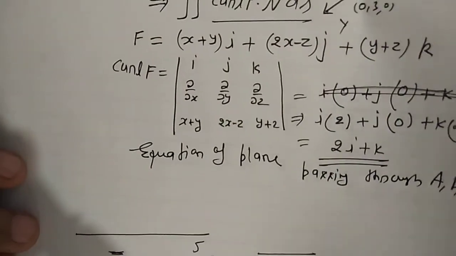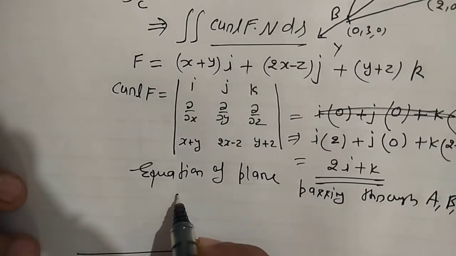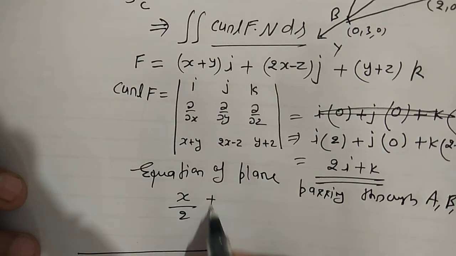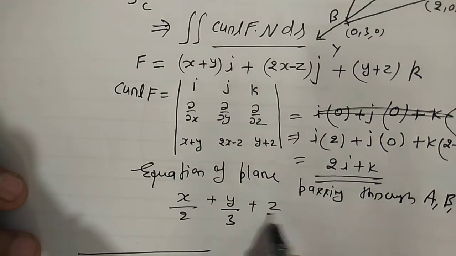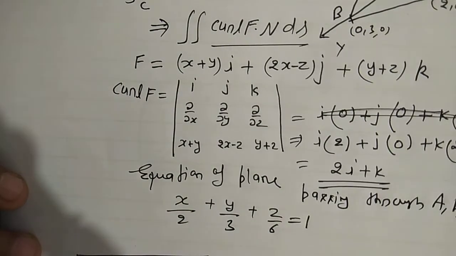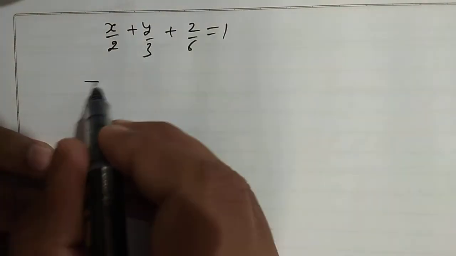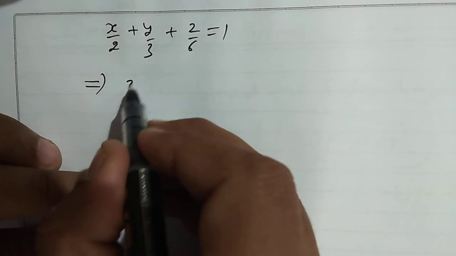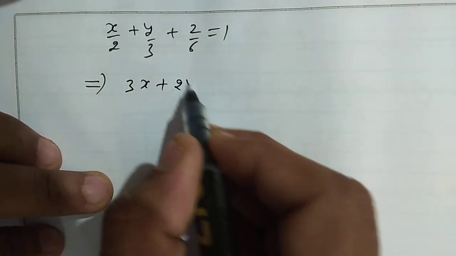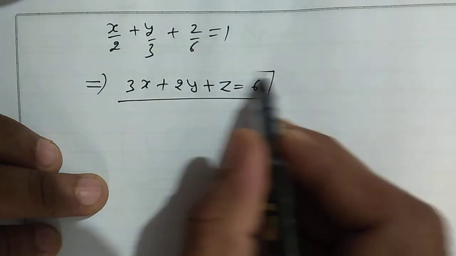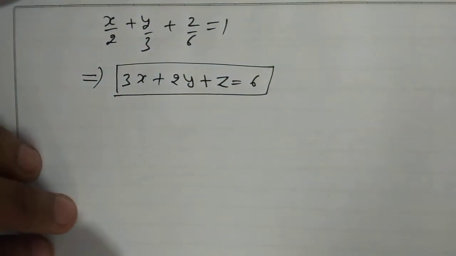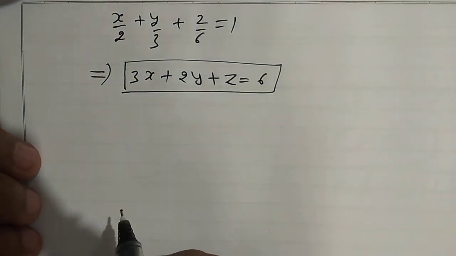So we have x by 2 plus y by 3 plus z by 6 equal to 1. If you simplify, we get 3x plus 2y plus z equal to 6. This is the equation of the plane passing through the three points A, B, C, which are given.